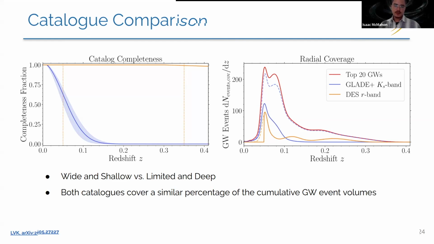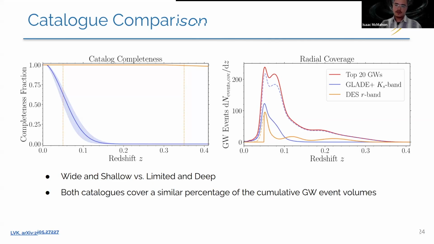For this plot only, we are assuming some cosmological parameters like H naught of 70, just for plotting purposes. This does not go into our analysis, but it's useful for diagnostic plots like this. So if you plot the distribution in redshift of the 20 best gravitational wave events, we can then plot the coverage of our galaxy catalogs that overlaps with those gravitational wave events.